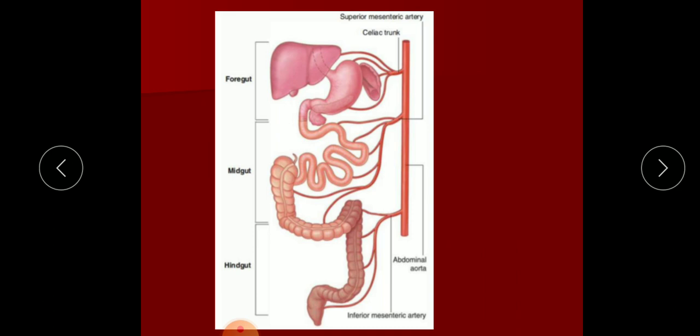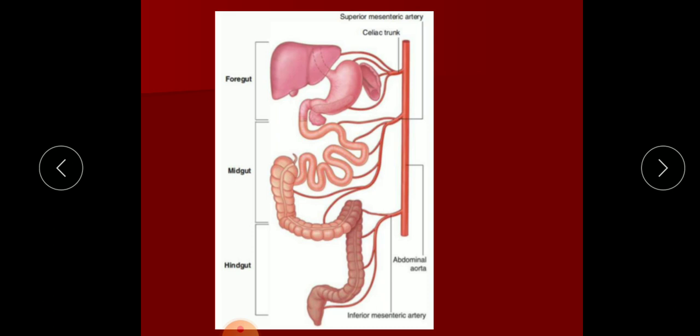It is these three ventral branches coming from the dorsal aorta which are going to supply the foregut, the midgut and the hindgut. Okay, so you find one artery that is mainly supplying majority of the structures derived from the foregut.